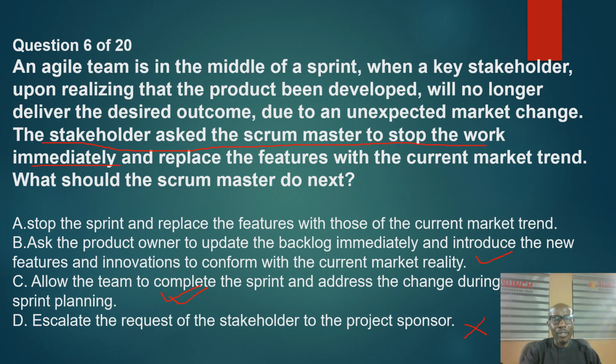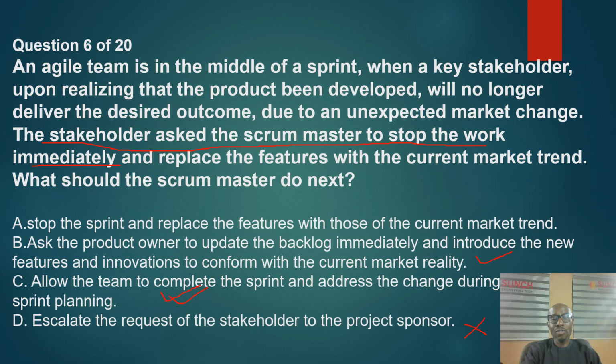So let's look at B again. Ask the product owner to update the backlog immediately and introduce the new features and innovations to conform with the current market reality. C. Allow the team to complete the sprint and address the change during the next sprint. This is the best thing to do for an agile or scrum project.